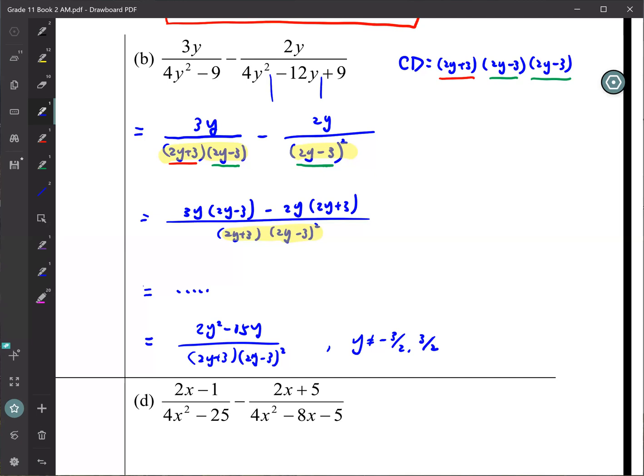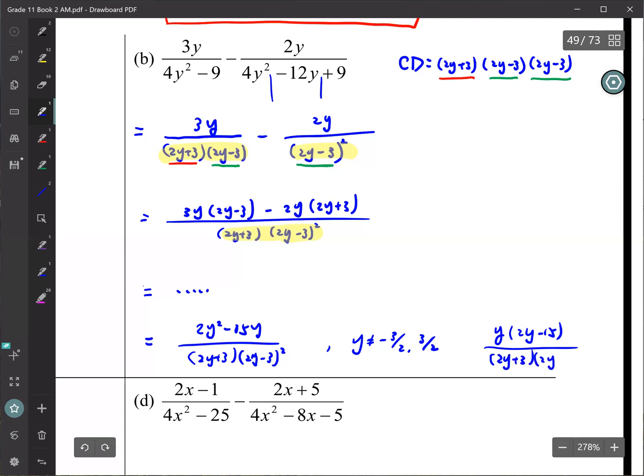So the numerator is, you took out the y, and what's y bracket 2y subtract 15. And the denominator you just copied, right? Yeah. All right, so let's quickly check. If you only factor, then it's the same thing.